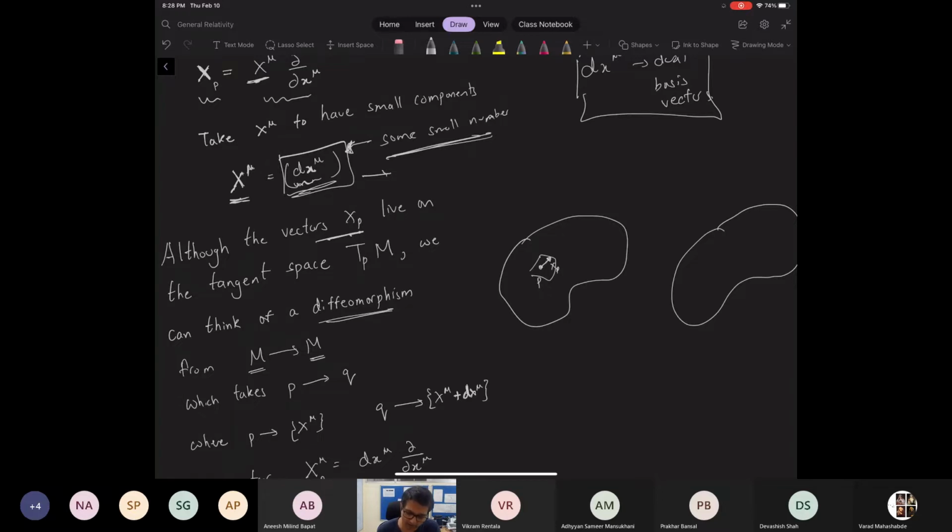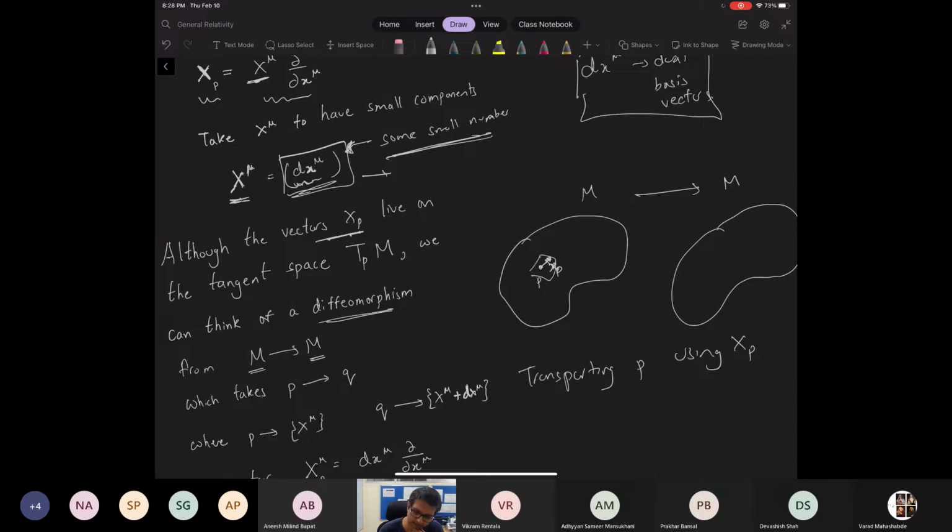There's a way to think about the notion of transporting the point P using the vector X_P. You can think of this transporting as a map from the manifold to itself.